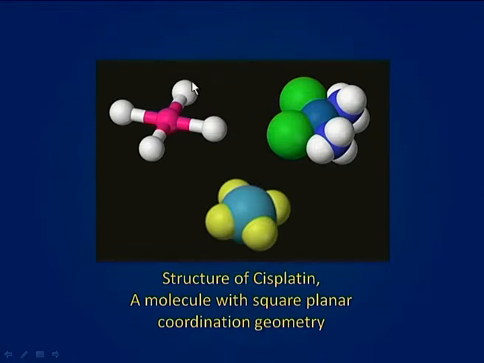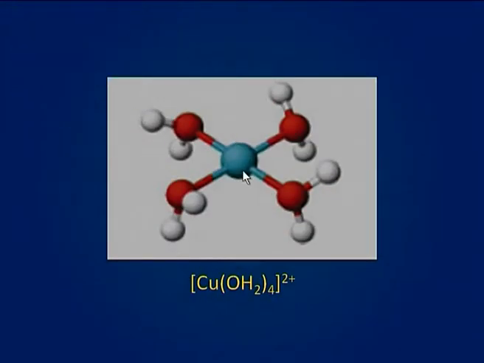In square planar geometry, dsp2 hybridization is involved and the ligand metal ligand bond angle is 90 degrees. Here is another example of a complex with square planar geometry, [Cu(H2O)4]2+. Here the Cu2+ metal ion is coordinated to 4 H2O ligands and the complex has a square planar geometry.